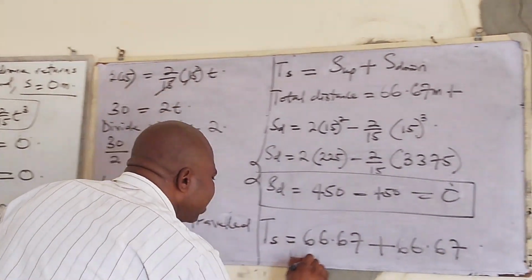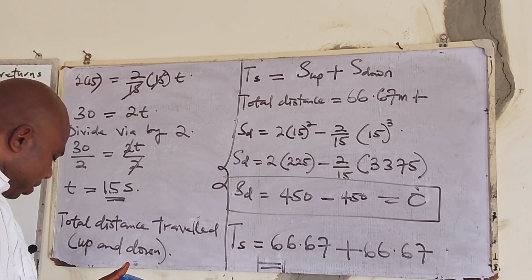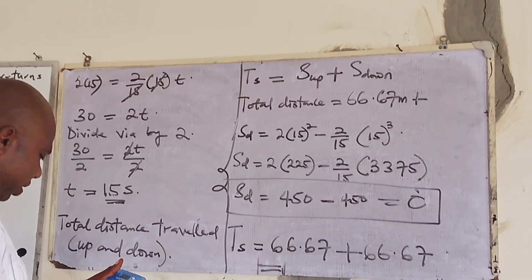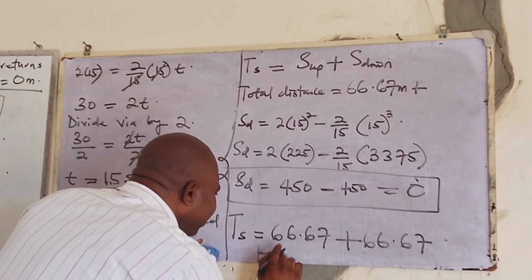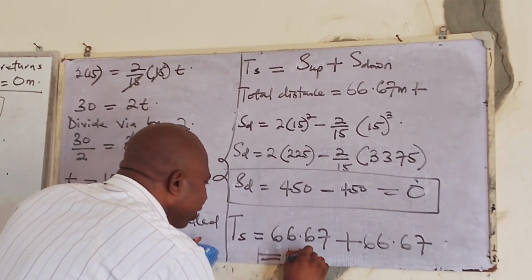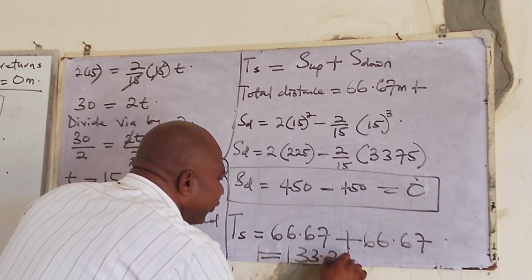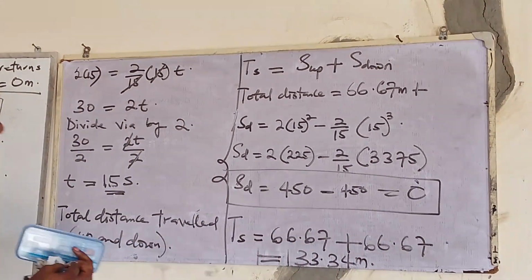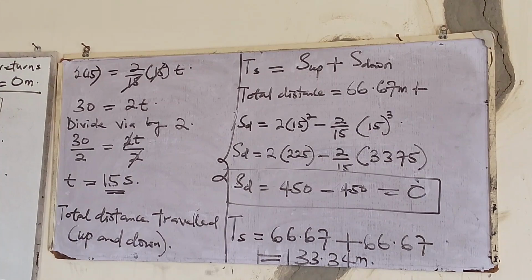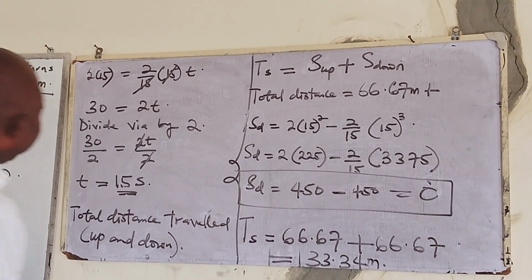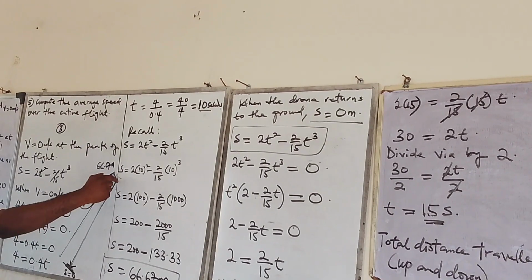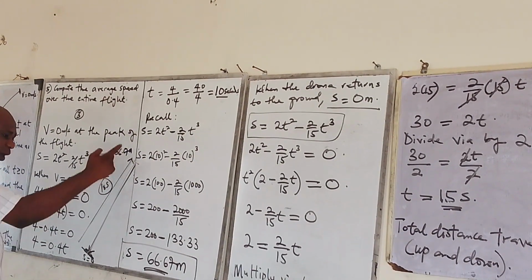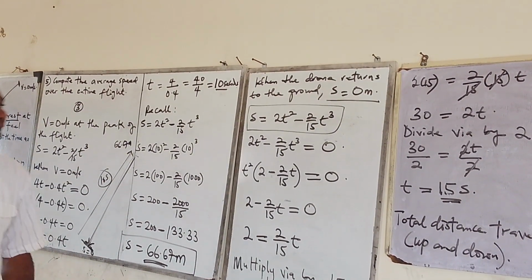So the total distance will be 66.67 times 2, and that will give us 133.34 meters. That's the total distance, both up and down.